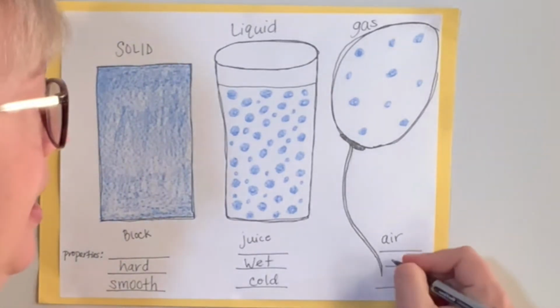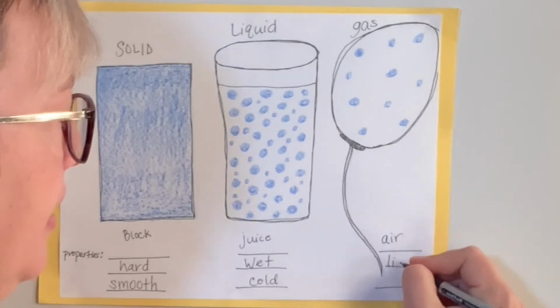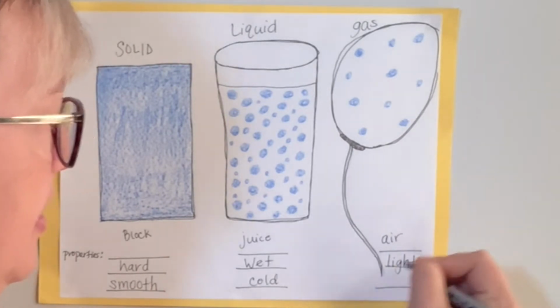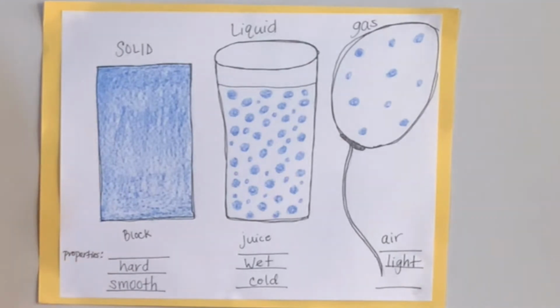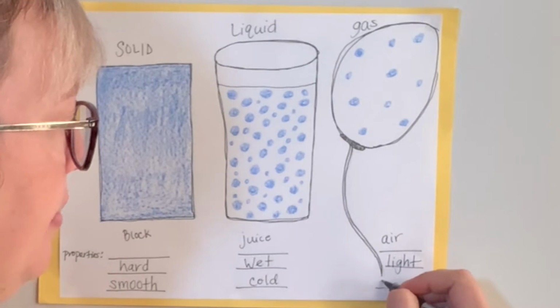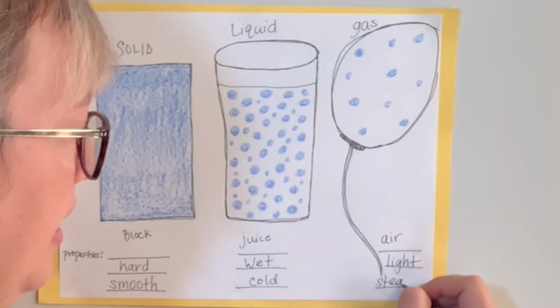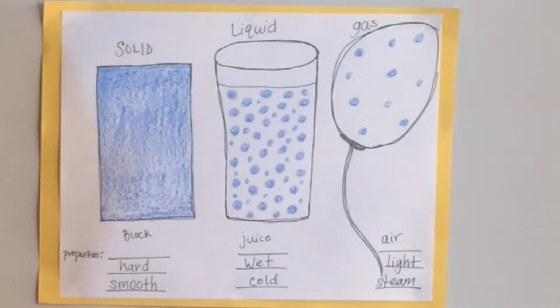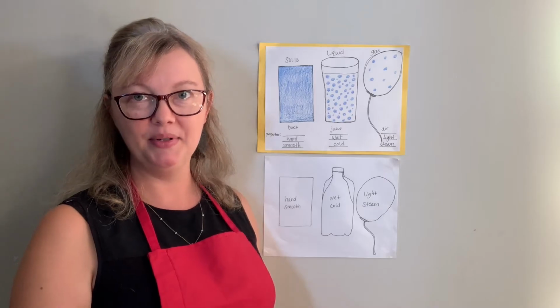Let's spell light. L-I-G-H-T. And steam. That's a property of air or gas because we can see steam sometimes. S-T-E-A-M. Great job.